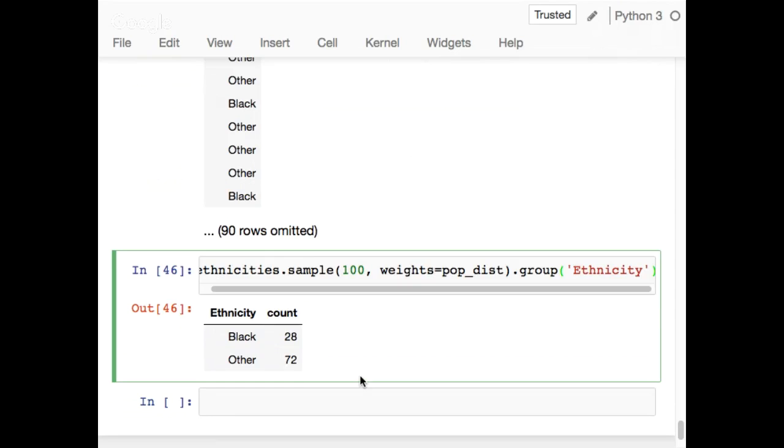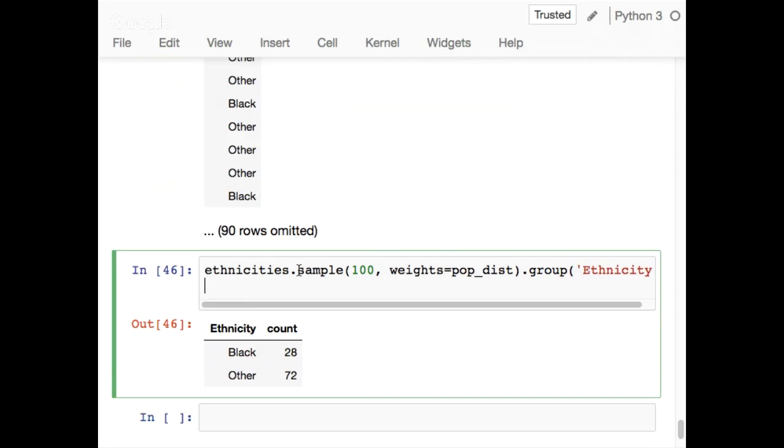And what I can do there is group, and then grab out this count column and divide by 100 so I can get the proportions. Okay, so I'm going to call this my sample panel equals that.